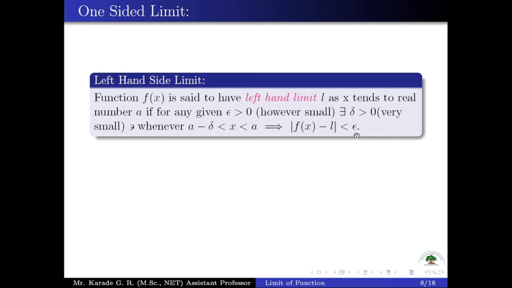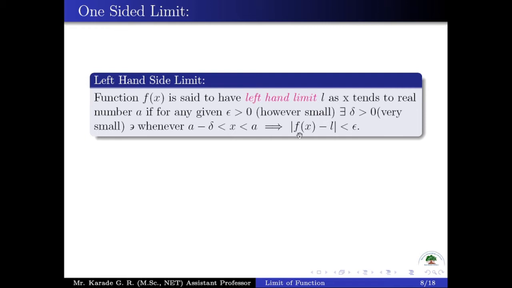So this is the definition of the left hand side limit of a function. Here L is called the left hand side limit of function f of x when x tends to a. So in this case, x is tending to a from the left hand side of a.